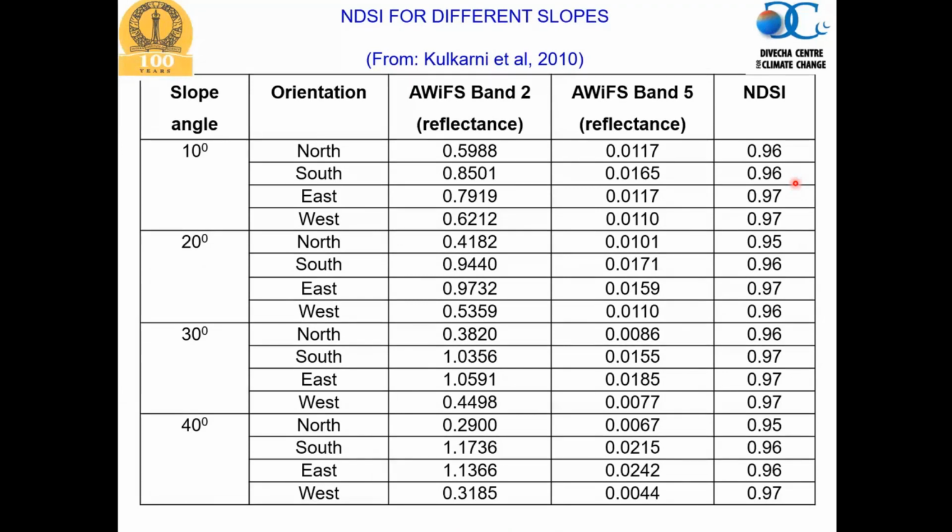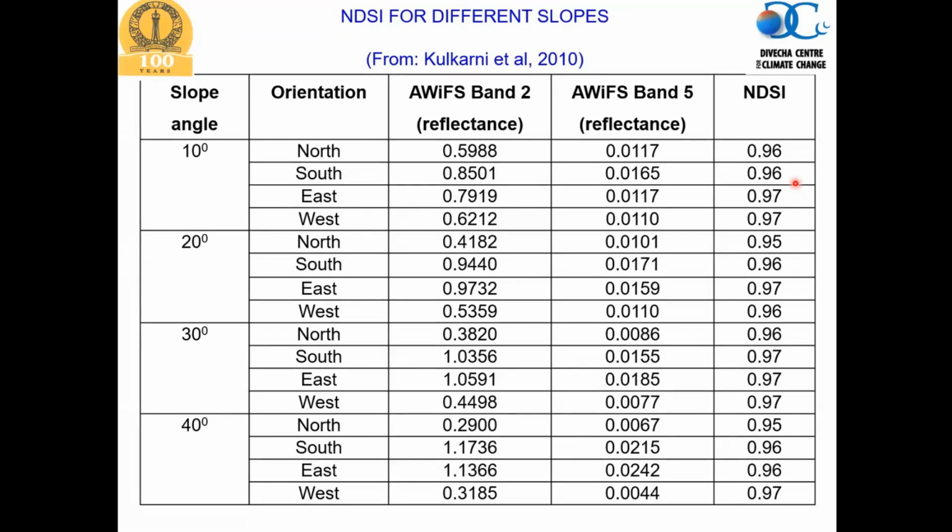So this is a great step forward in simplifying our procedure and our work, so that we can quickly get the snow cover without doing too much calculation on local illumination angle or path radiance.